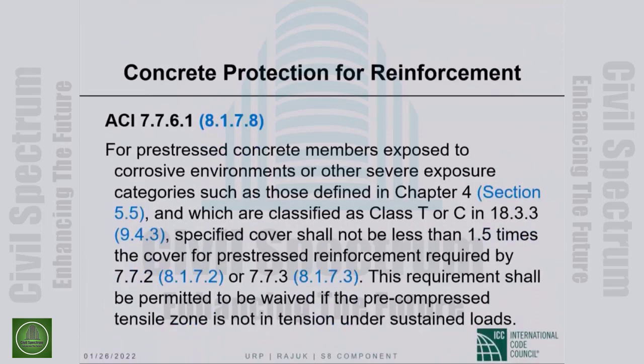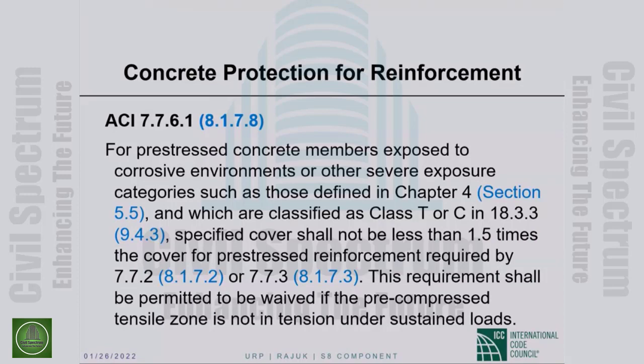Yeah. So for pre-stressed concrete members exposed to corrosive environments or other severe exposure, all this is saying is, pre-stressed concrete members now can be class U, class T, or class C. U for uncracked, C for cracked, T for transition. And the classification depends on the tensile stress under service level loads.